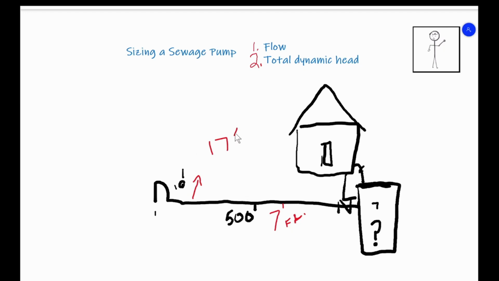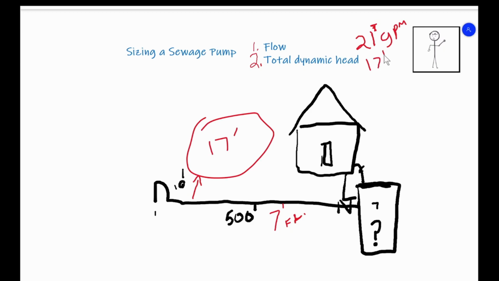So I need, oh, I didn't write this up here. Flow rate, what was my flow rate? Scouring velocity of a 2-inch pipe, right? 21 gallons a minute. Why is that feet? It should be GPM. Scratch that. 21 gallons a minute at 17 feet. That's my total dynamic head.